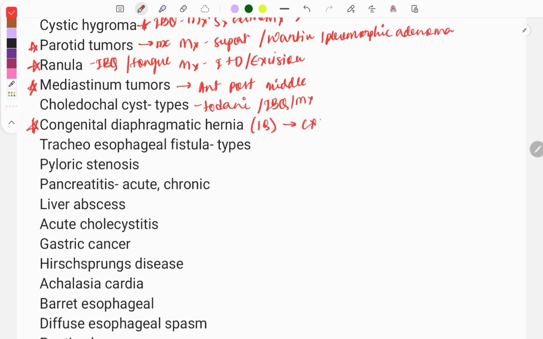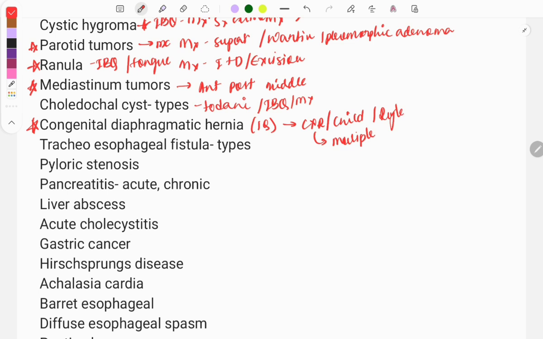Look at the image, also the chest x-ray, and in the question there will be a description of a child who is having respiratory distress, and in the chest x-ray you can see multiple air fluid levels, suggesting that the small intestine has herniated into the chest, and the Ryle's tube will be coiling in the chest itself.